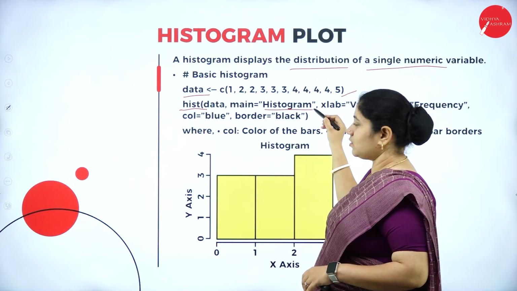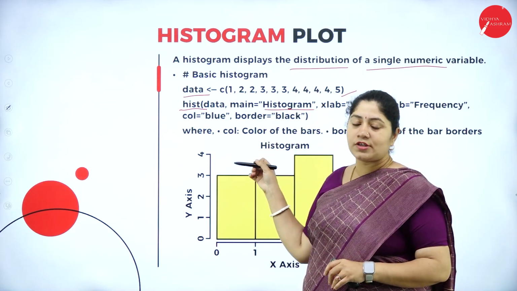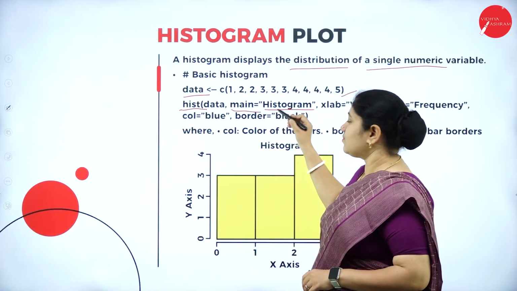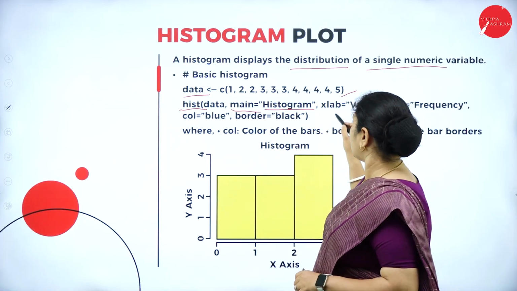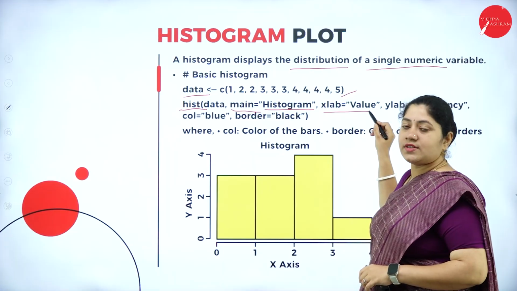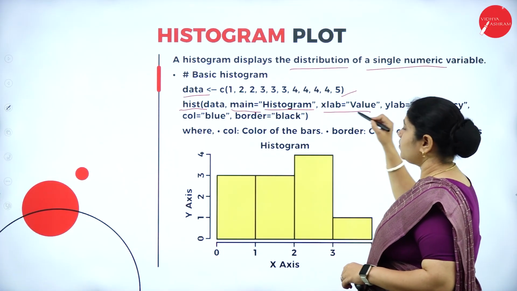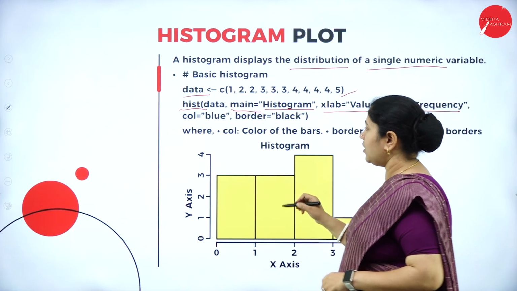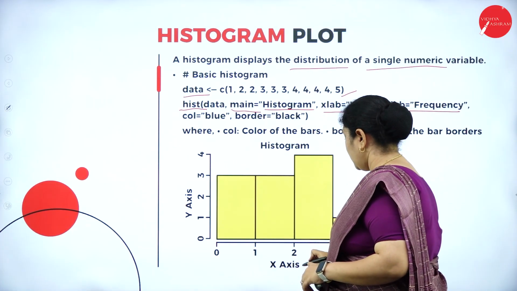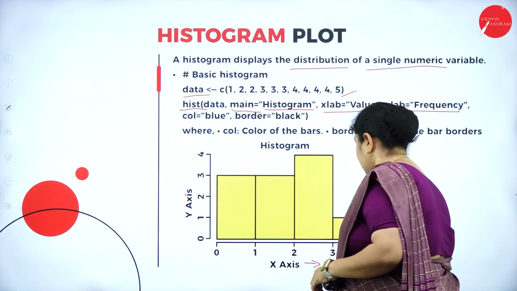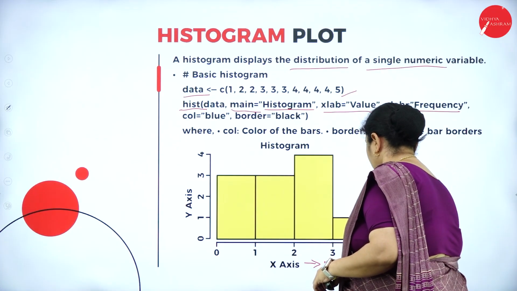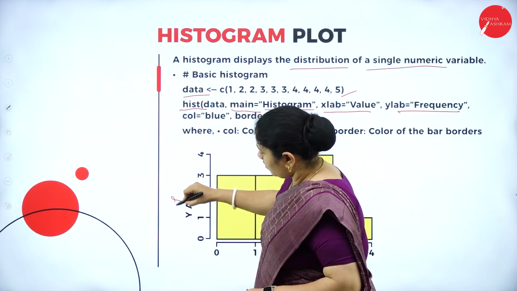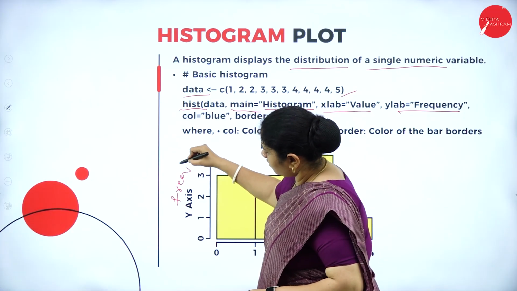The kind of plot has to be entered along with this main command, so we have mentioned histogram. For xlab, we define it as value, and ylab as frequency.